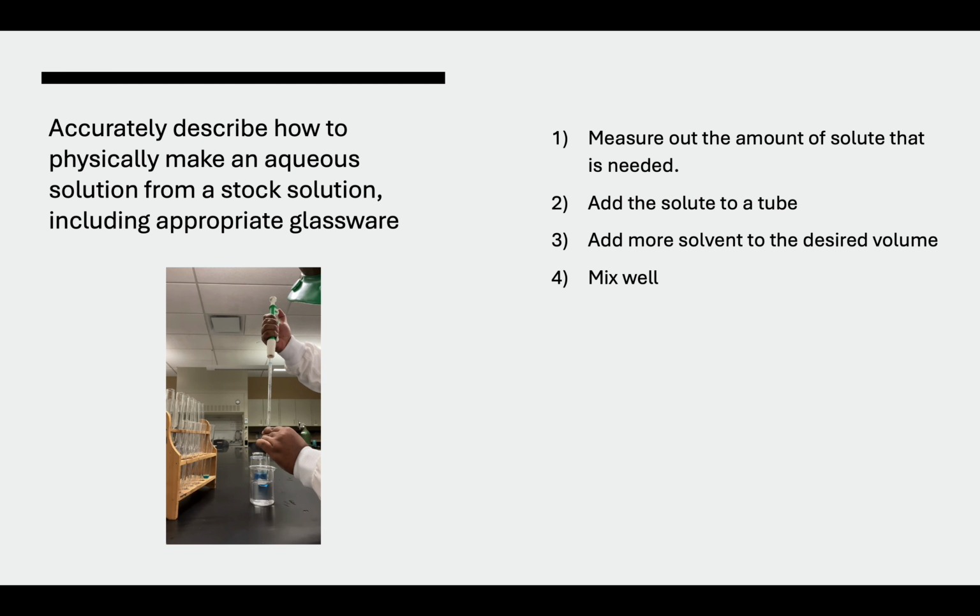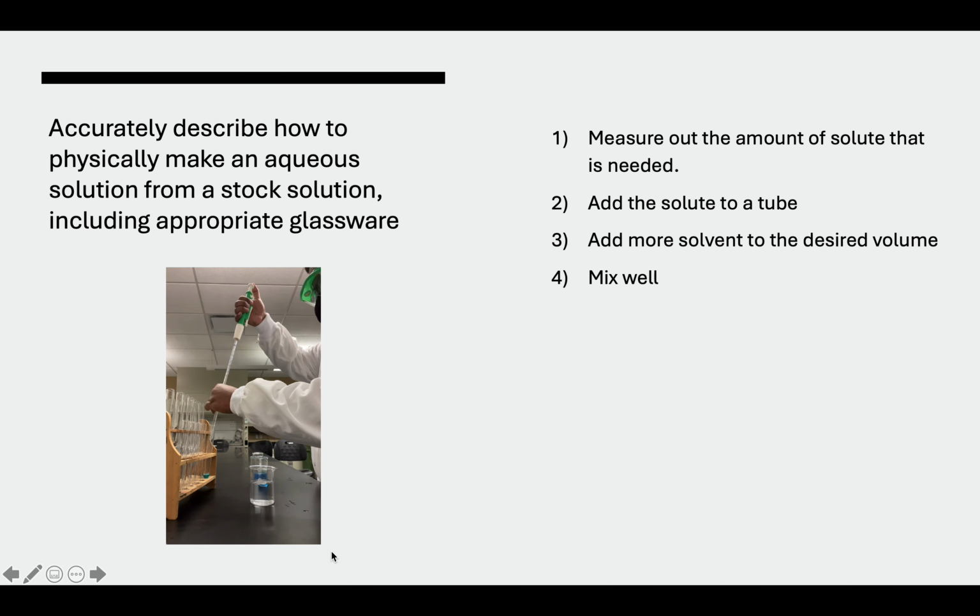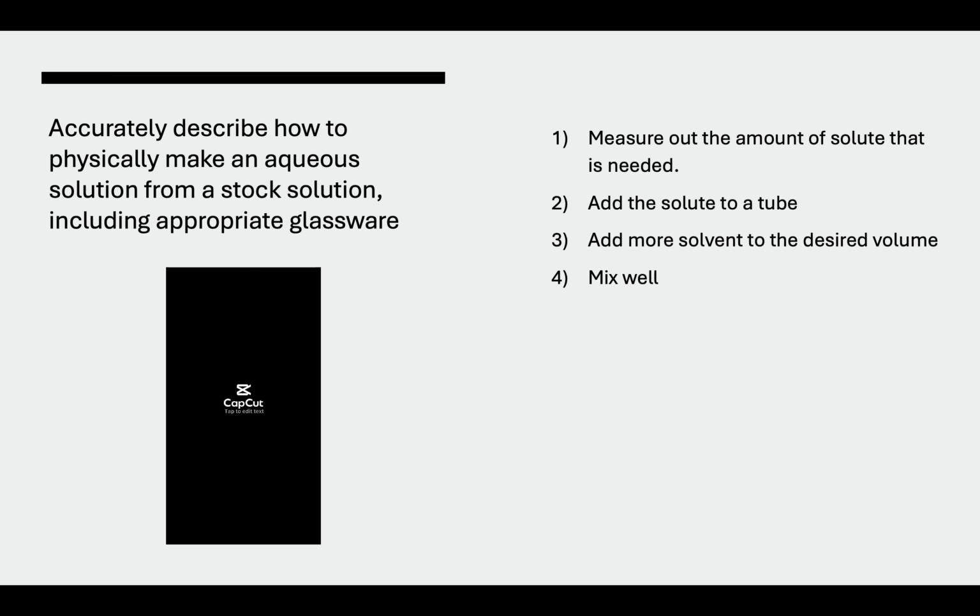And then the 1 milliliter plus the 4 milliliters gets to our desired 5 milliliter solution at the end. So now you just mix it at the end. We don't need a stopper or anything because it's not a large amount in the test tube, so it'll stay in. So that's how you make a solution from an aqua.